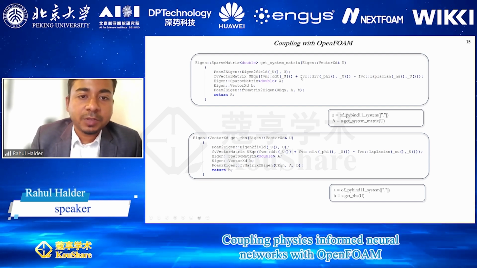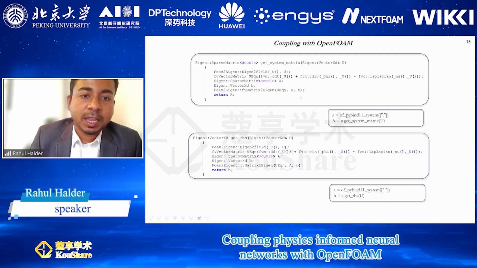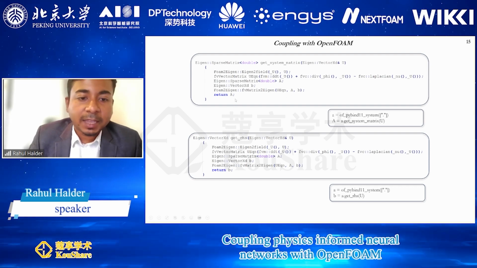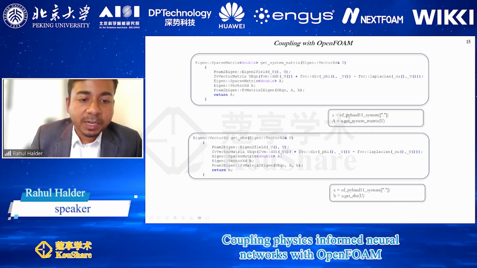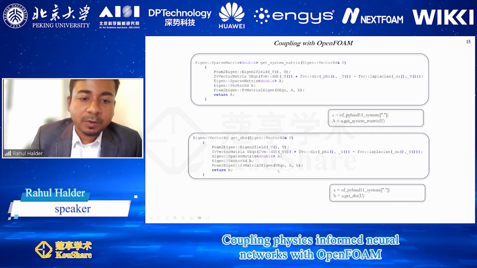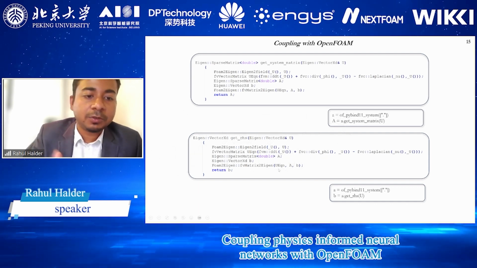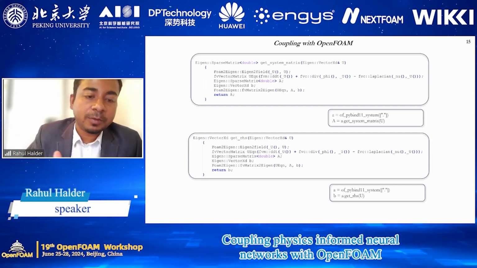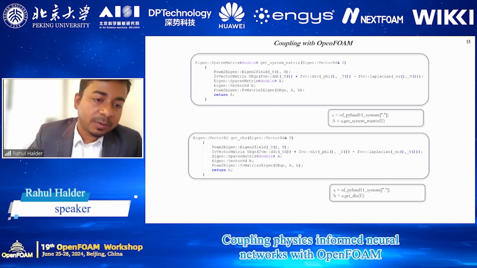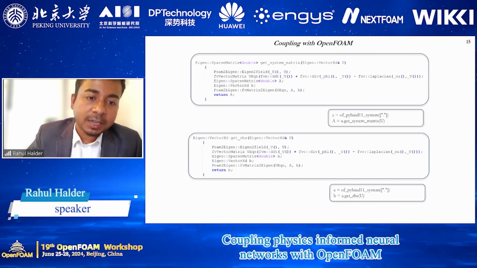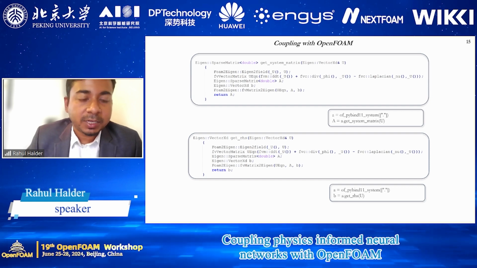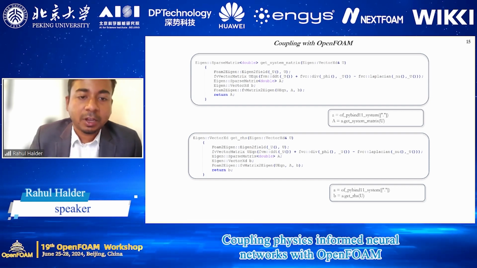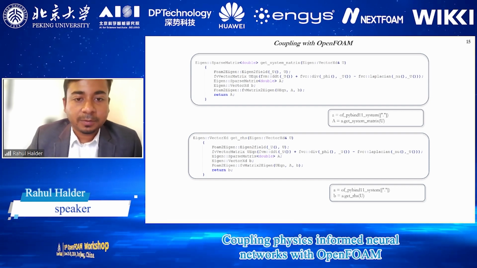As you can see, we are using OpenFOAM functionals, and we get the A matrix as well as the B vector. Then you convert it to Eigen vectors and Eigen matrices and pass it on, and then implement the algorithm that I have told. That is how you can minimize the residuals and solve on your PINN platform similarly.